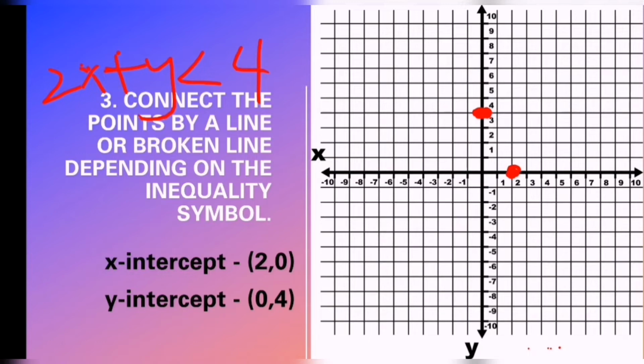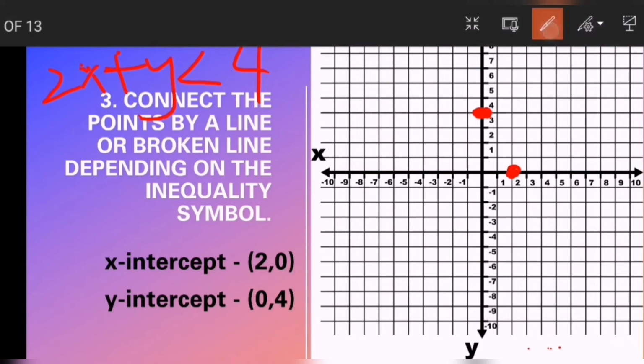Okay, so mamaya pag-uusapan natin yung solution ng linear inequality in two variables. Again, kapag greater than or less than, broken line. Kapag naman greater than or equal to, o kaya naman less than or equal to, ang symbol mo, ang gagamitin mo ay solid line. Ang nakikita natin dito ay less than. Ibig sabihin, wala kang nakikitang or equal to. Ibig sabihin, ano ang gagamitin natin? Solid ba or broken?